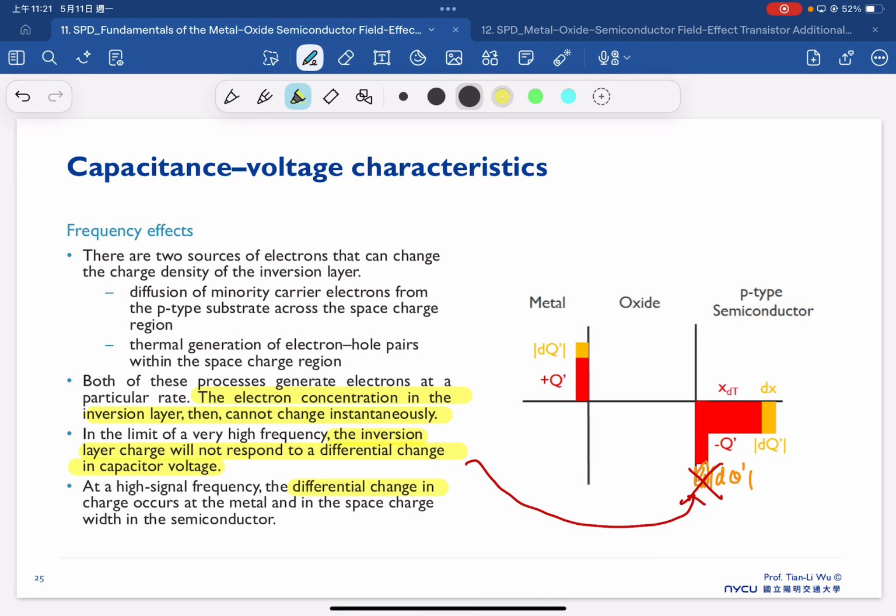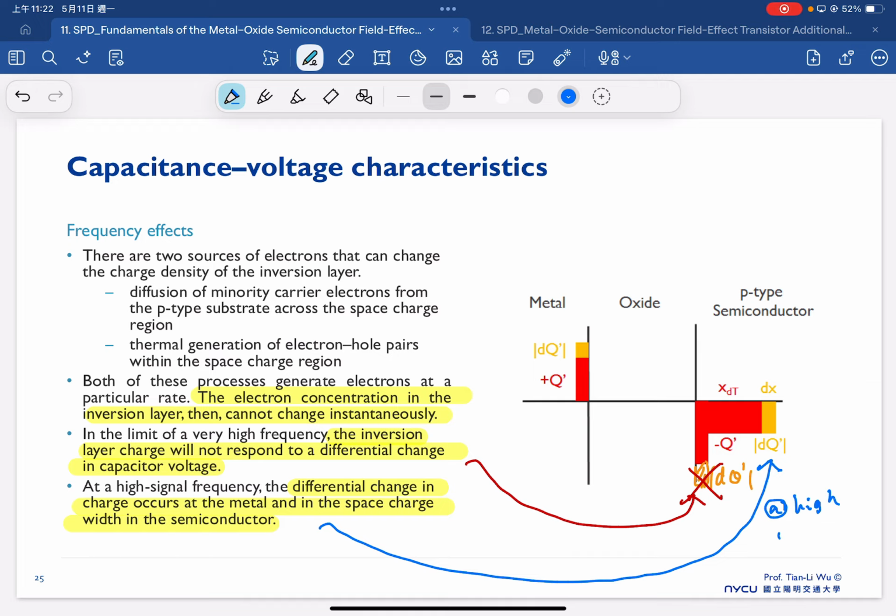The differential change in the charge occurs at the metal and in the space charge width in the semiconductor. So this dQ will be reflected at the end of the depletion width under the high frequency consideration.